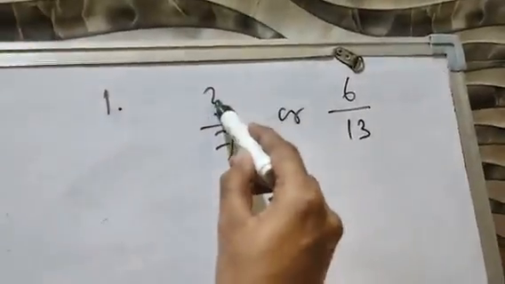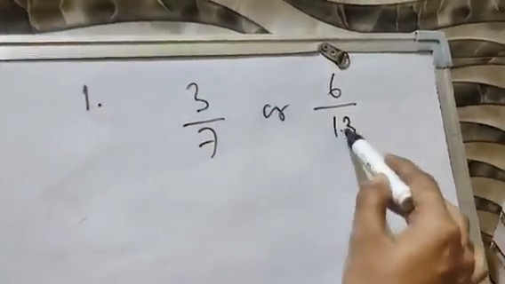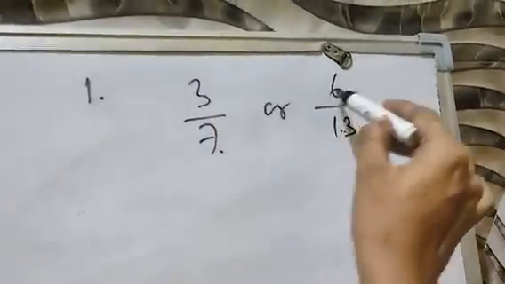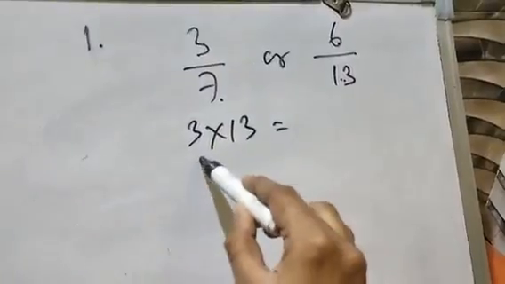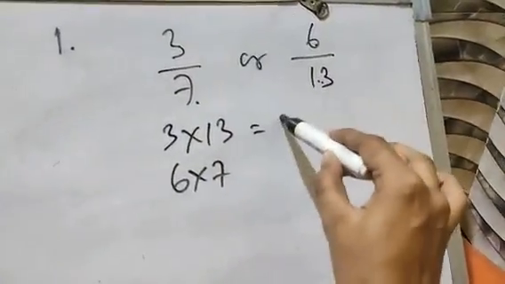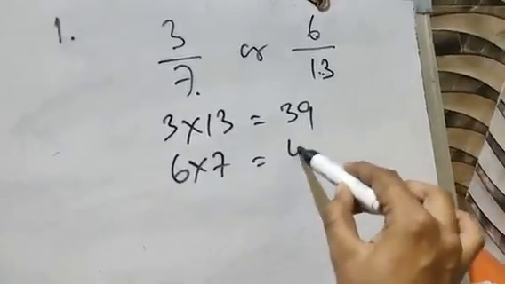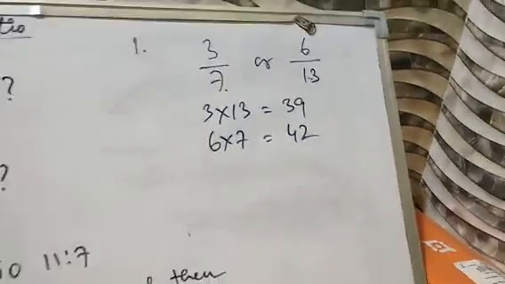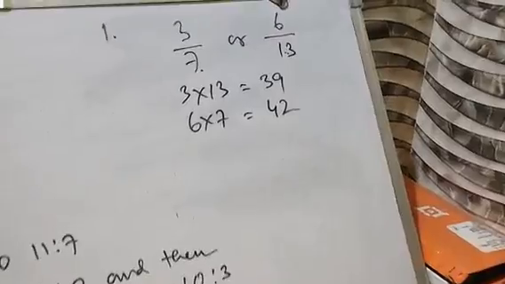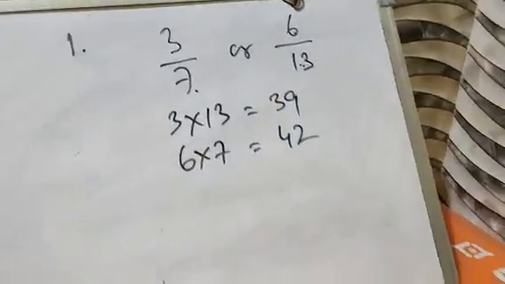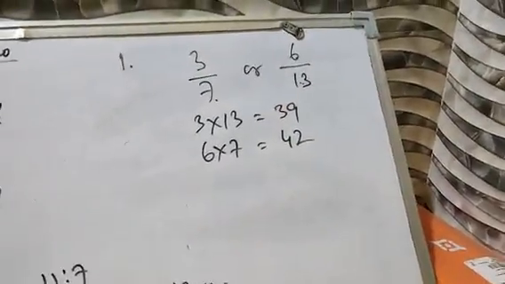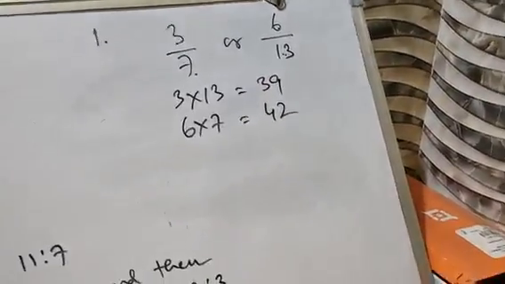That means you multiply 3 into 13 and 6 into 7. So 3 into 13 is 39, and 6 into 7 is 42.